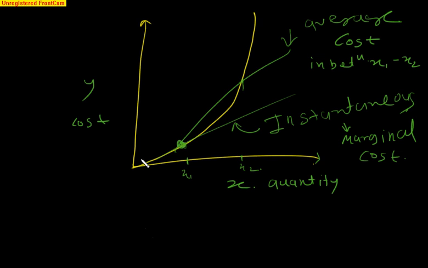For example, starting from here to here, suppose production has been done between these two quantities, for example 1 ton, 2 ton, and I would like to find out the cost, then you can try this.